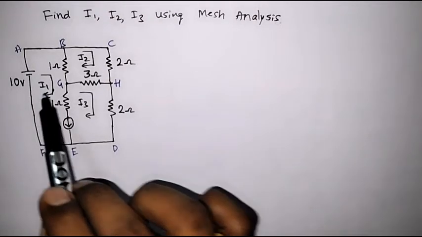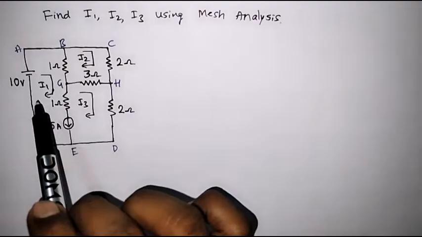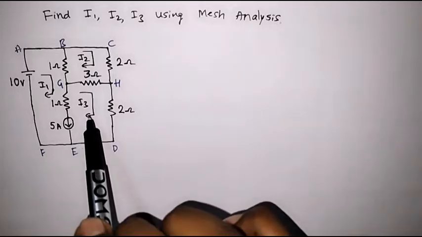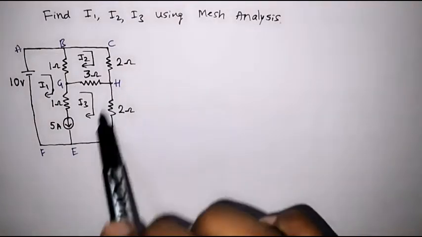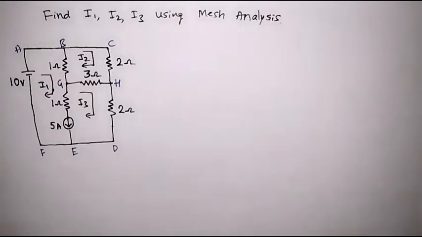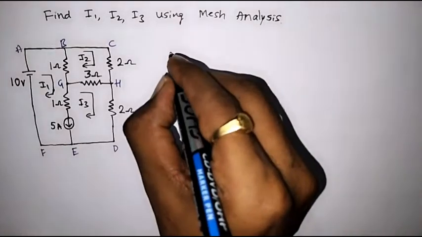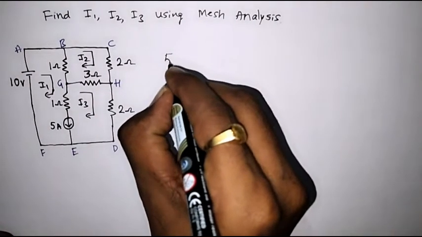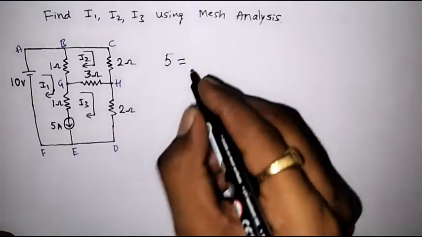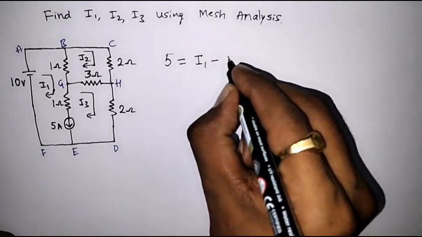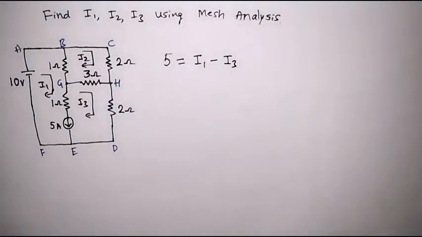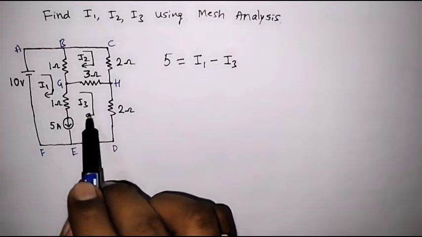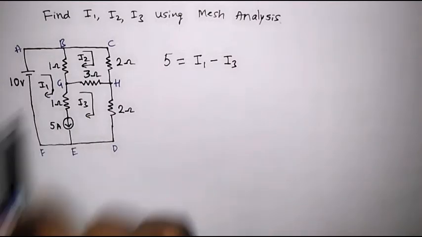Here the current I1 is flowing in the loop A, B, G, E, F, A, and current I3 is flowing in the loop G, H, D, E, G. Now I can say 5 amp current is equal to I1 minus I3, because current I1 and 5 amp are in the same direction, whereas I3 is opposite to I1.